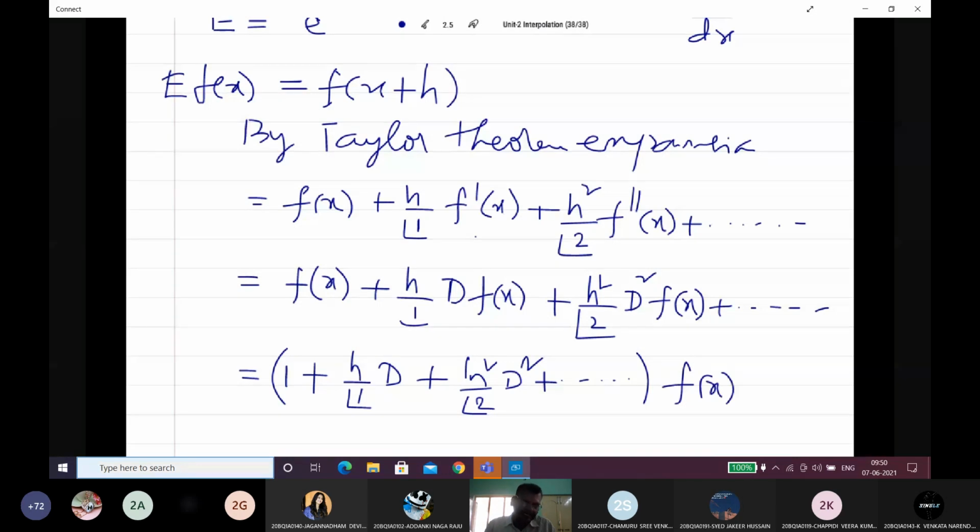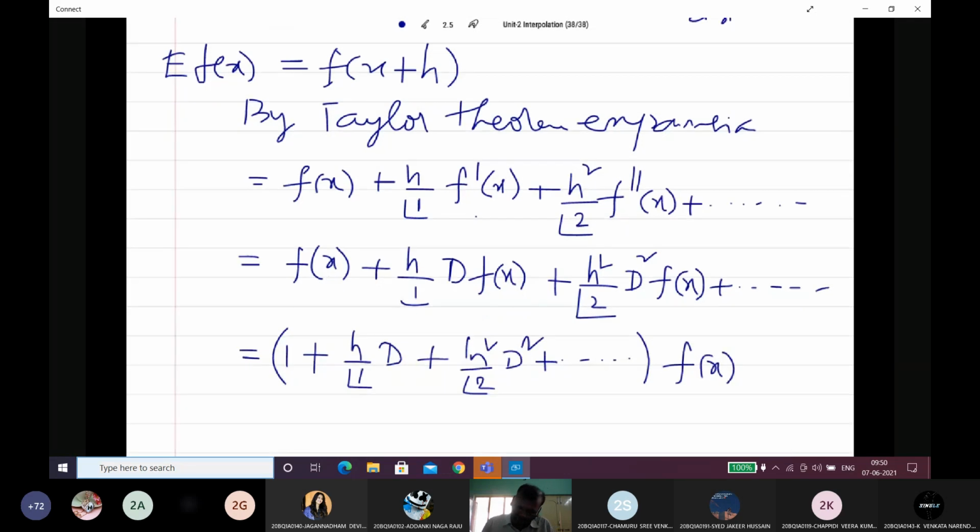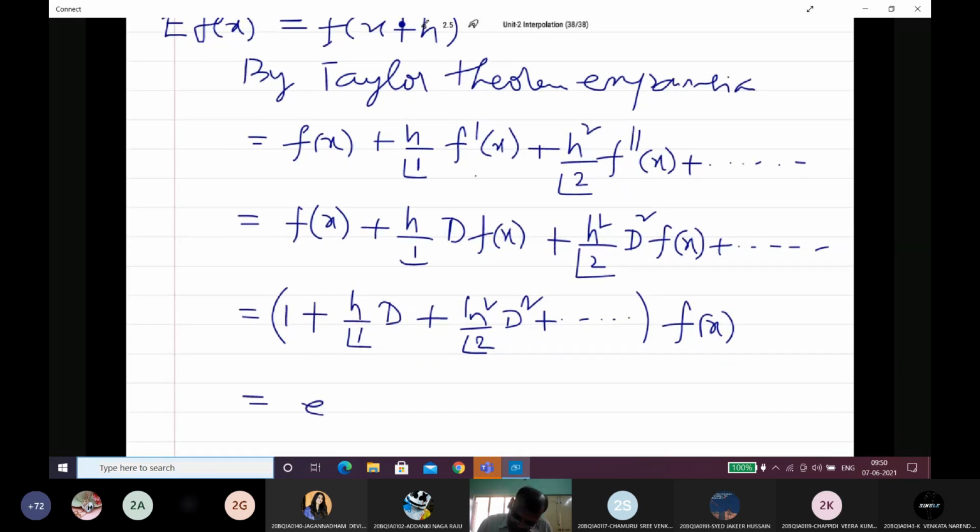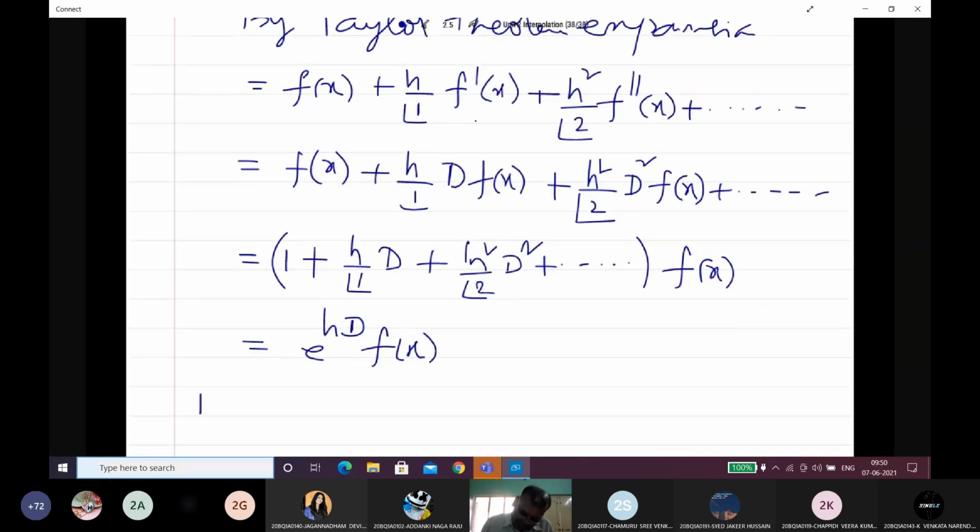This is nothing but the expansion of e power hD. That is equal to e power hD of f of x. Therefore, E is equal to e power hD.